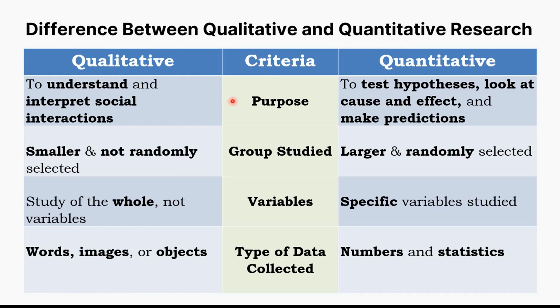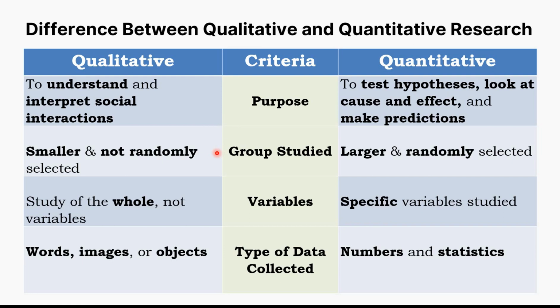In terms of purpose of the research, qualitative research aims to understand and interpret social interactions, while quantitative research tests hypotheses, looks at cause and effect, and makes predictions.